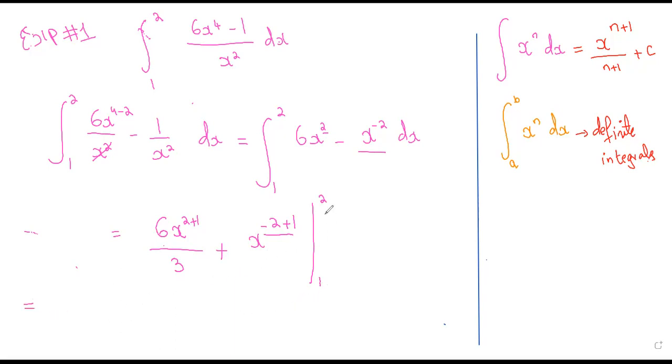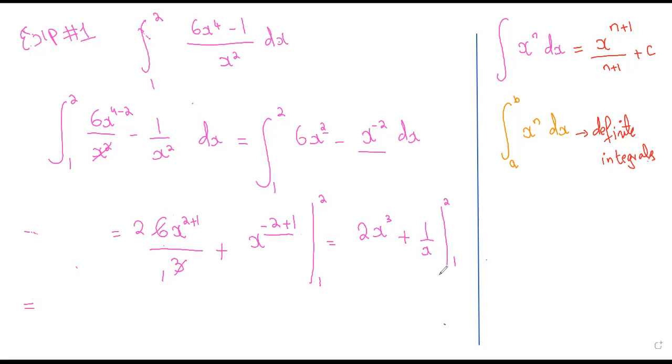I am going to plug in 2. Let's just simplify this first. This would be 6x cubed, divided by 3, it's 2x cubed, plus 1 over x. This is the integral, and I need to find it between these two limits.